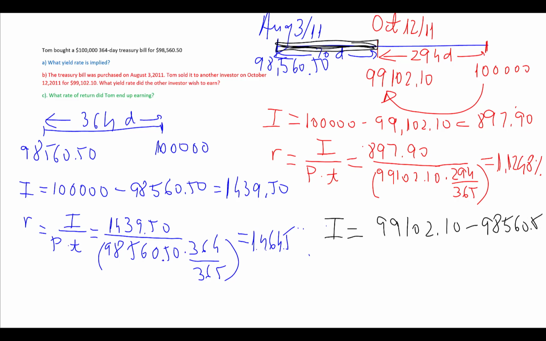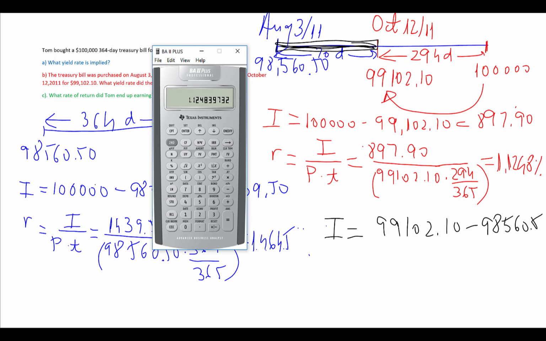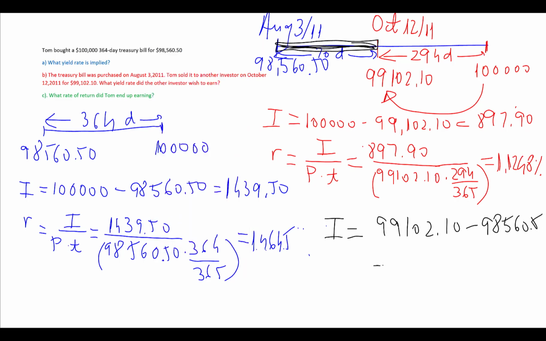So we calculate this return. So it will be once more 99,102 decimal 10 minus 98,560 decimal 50. So it will be an overall return of $541.60.